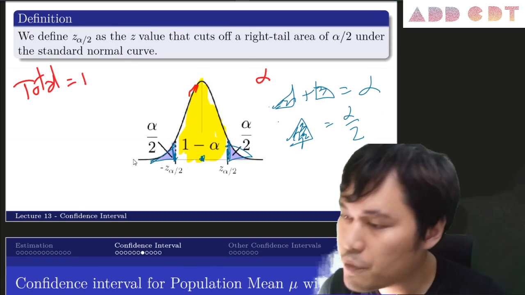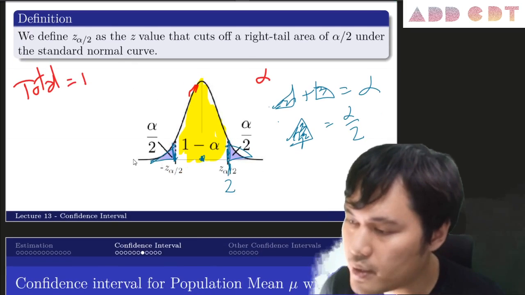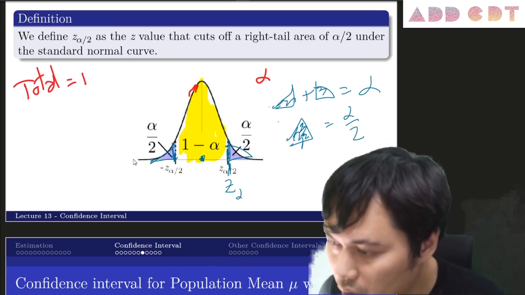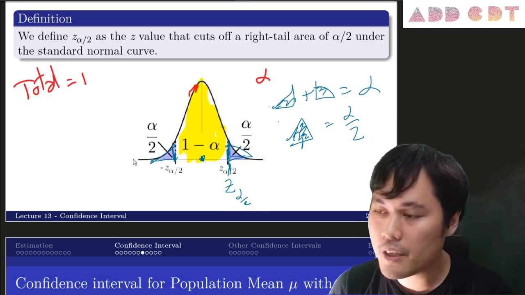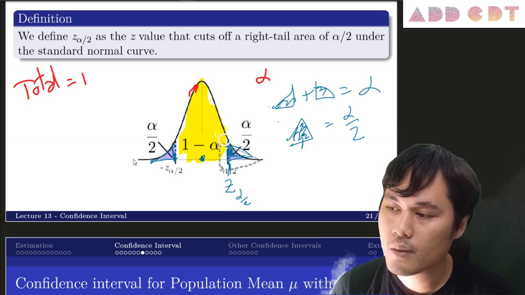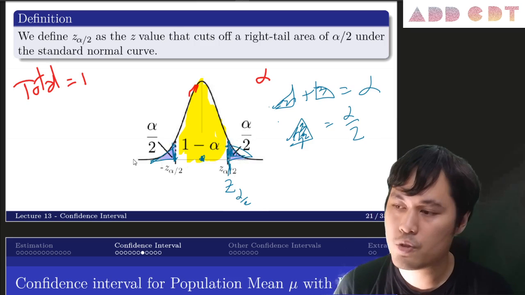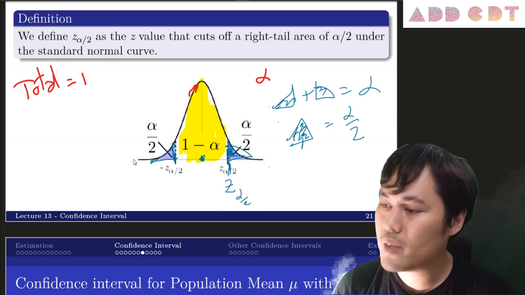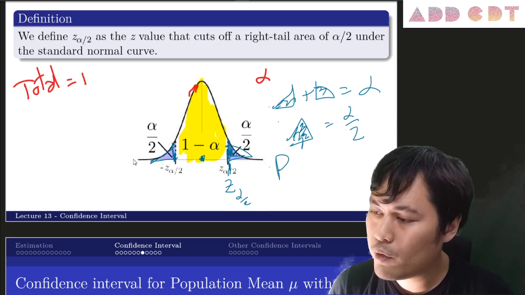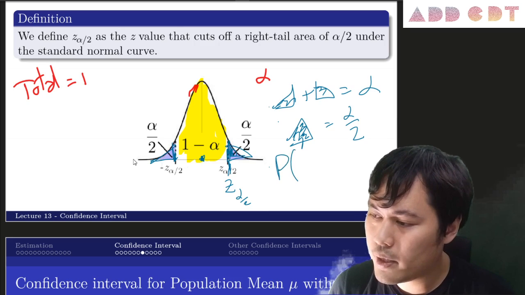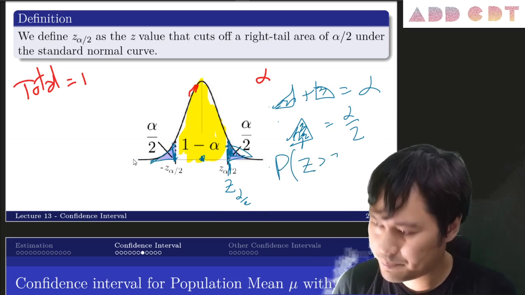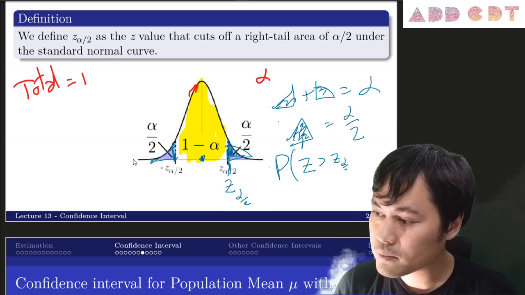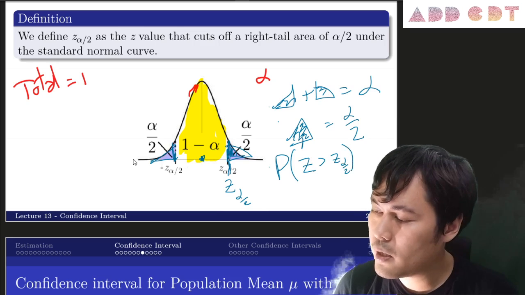Then we want to find the point z. In this case, we specify that to be c of alpha over 2. We want this area here to be alpha over 2. Which means, if we write that as math, we want the probability that z is greater than c alpha over 2.